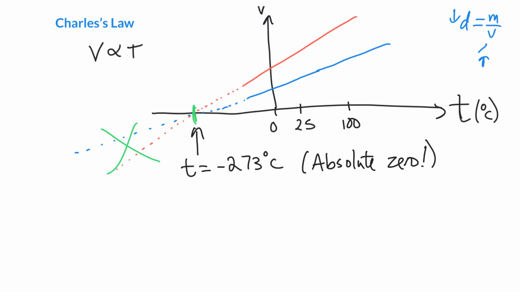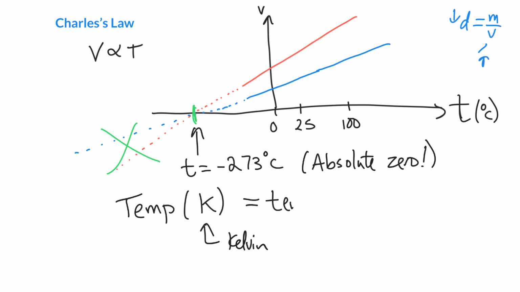In fact, we introduce a new temperature scale called the Kelvin scale. And Kelvin is normally given the symbol K. Notice it's not a degree scale. It's not actually a relative scale. It's absolute. And we define it as basically the temperature in degrees C plus 273.